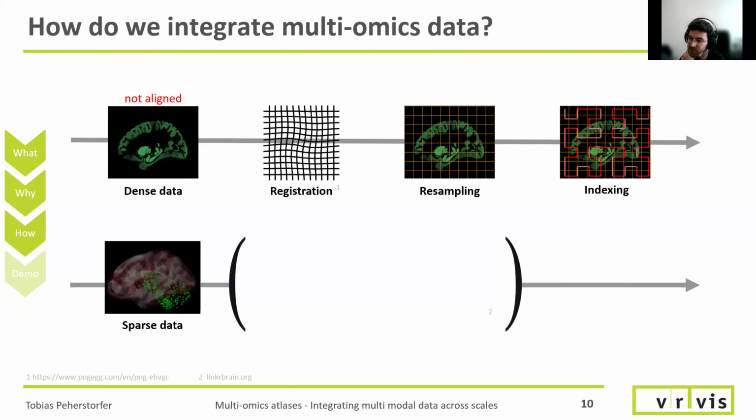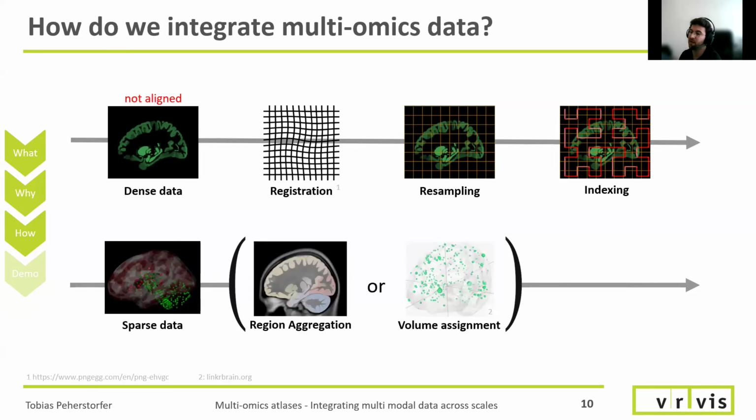Let's head on to sparse data. As you remember, sparse data, in contrast to dense, we only have specific points in space where the data is available. And there are actually two main ways of converting this kind of data to be integratable. And both of them aim to make it into dense data.